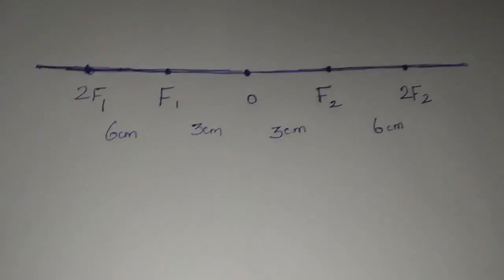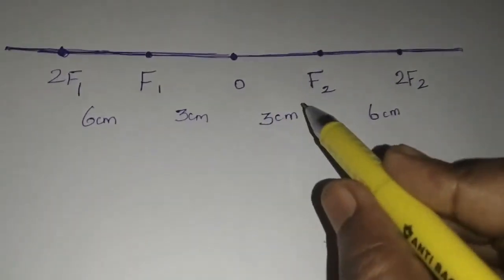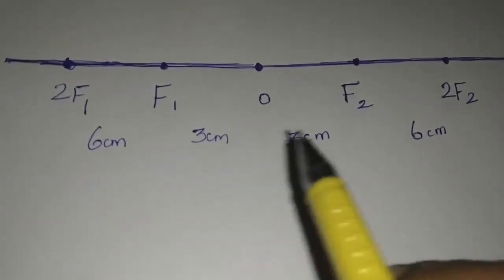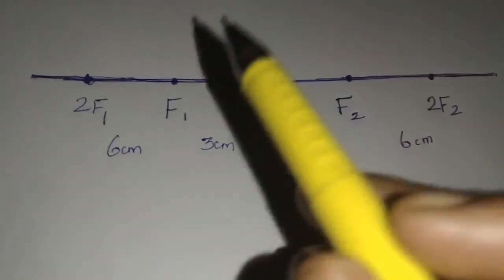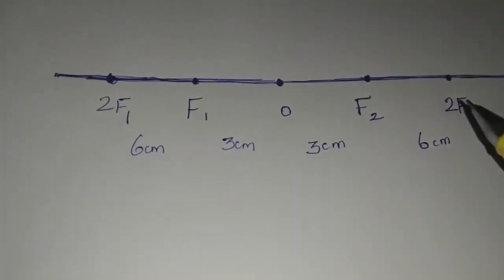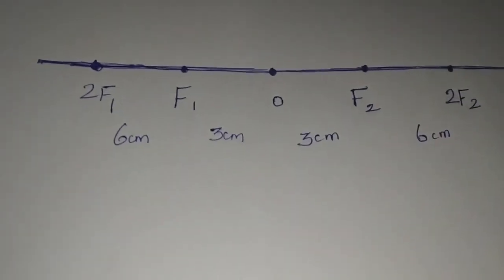Students, here F1 and F2 are the two principal foci of the lens. So listen carefully, F1 and F2 are the two principal foci of the lens.